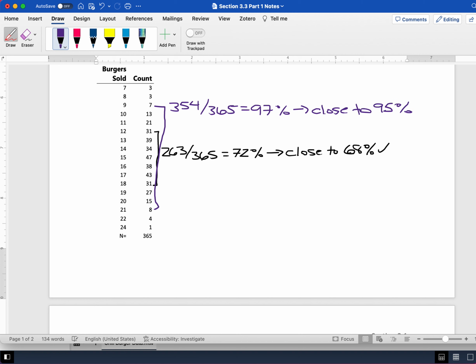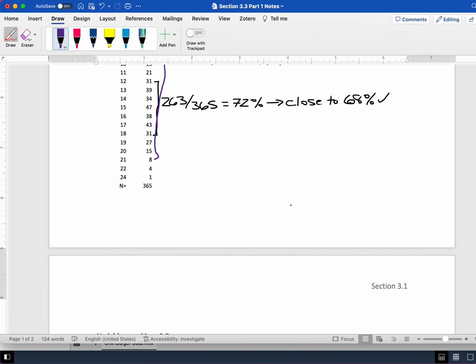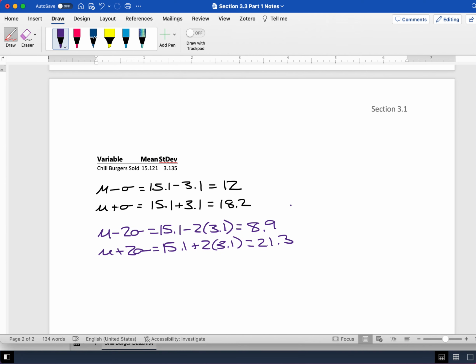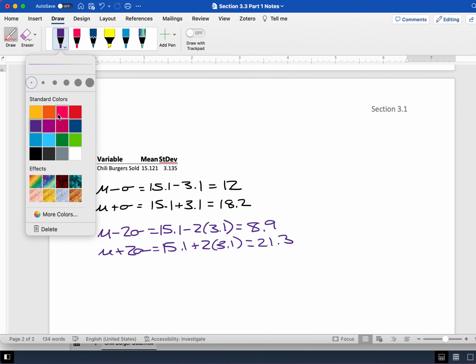And finally, we need to check 3 standard deviations. So what I need to do first is calculate my endpoints. So switch to a different color here.